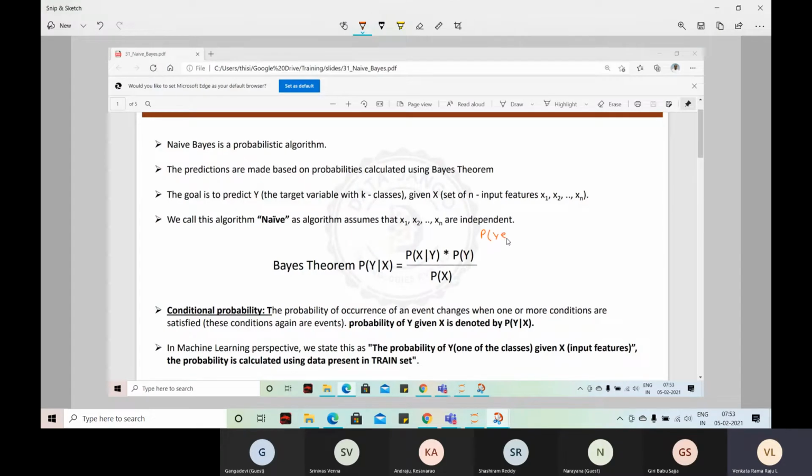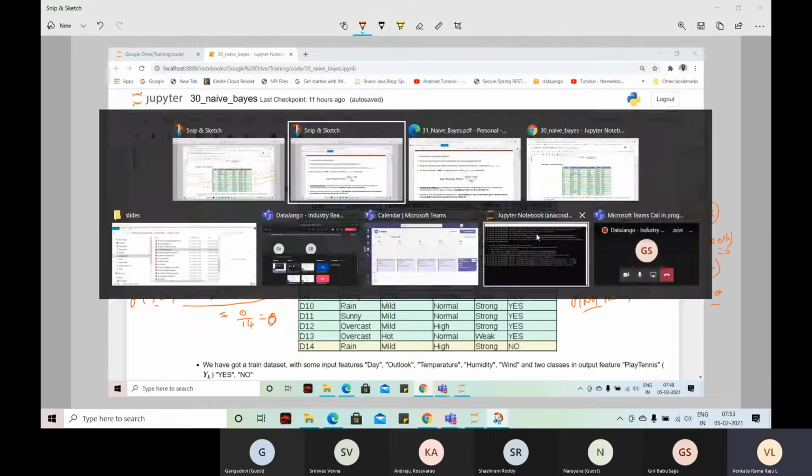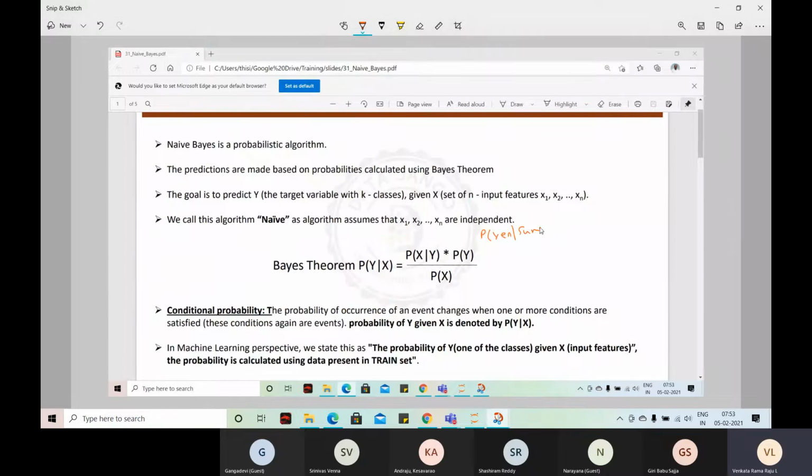If you have to calculate probability of yes given sunny, hot, high, weak, you should be using this formula.